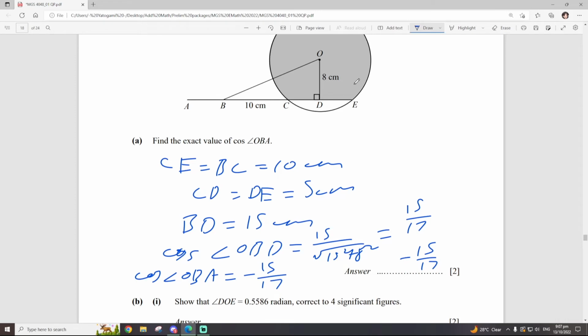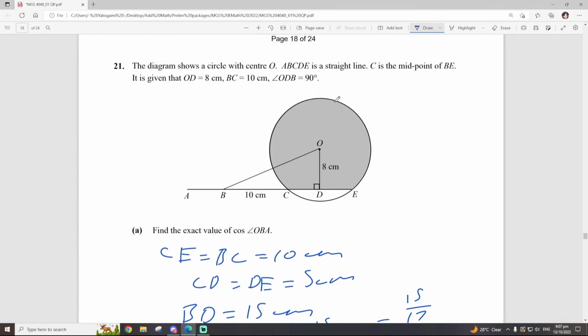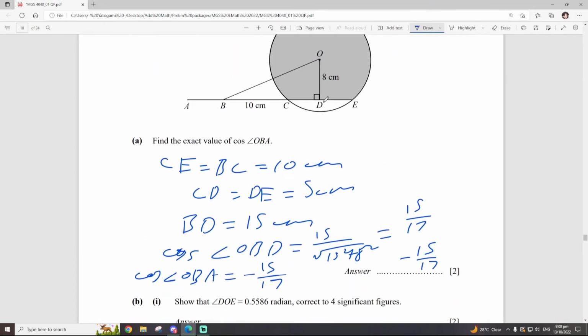Show that angle DOE is this. Okay. Well, I can actually find tangent DOE because this is a right angle triangle and this is 5, right?